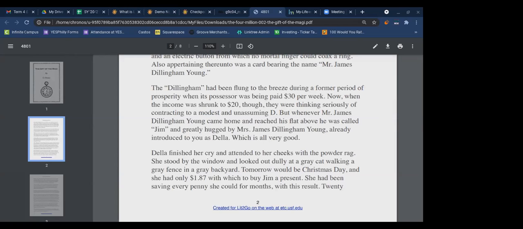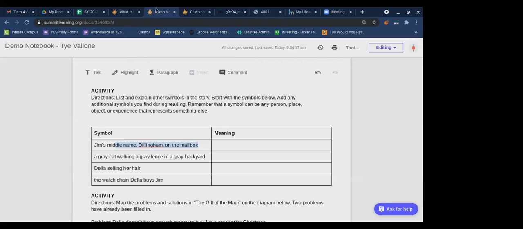So what we can do now that we've figured that out is we can go back to our checkpoint, right? And in this first box right here, where it says Jim's middle name Dillingham on the mailbox, what is the meaning?